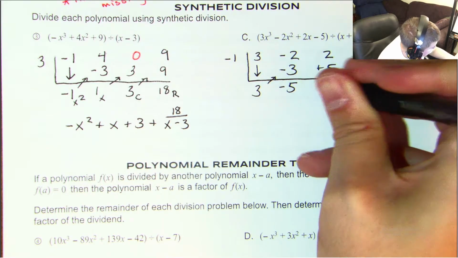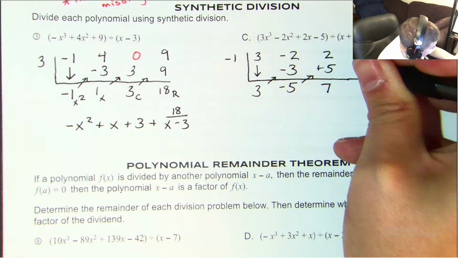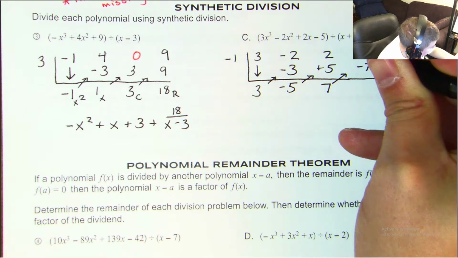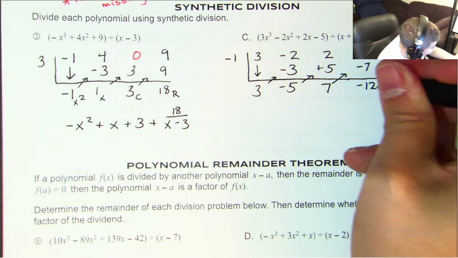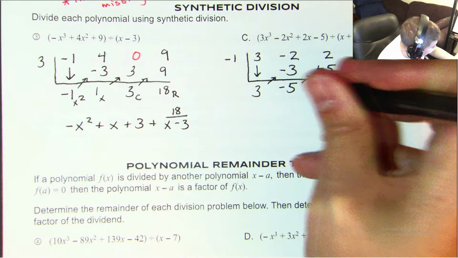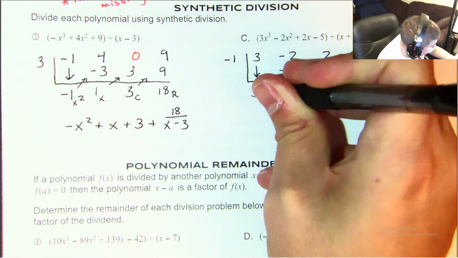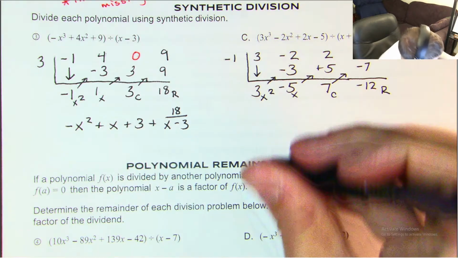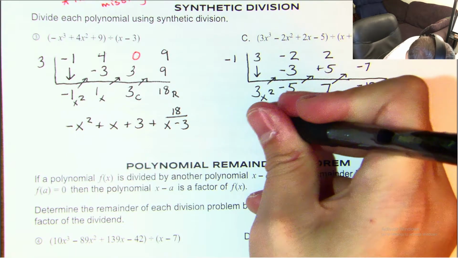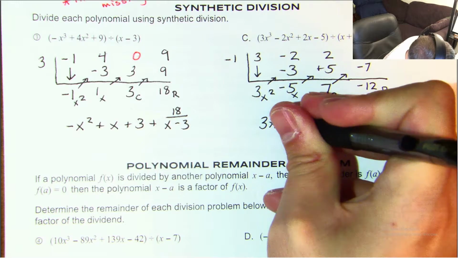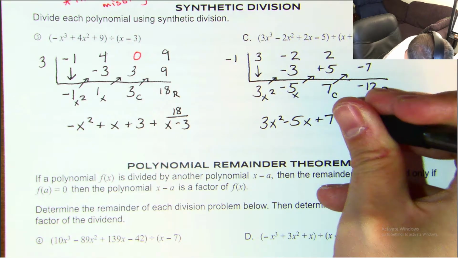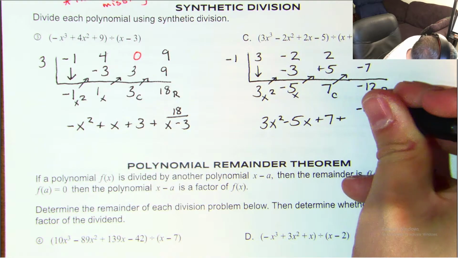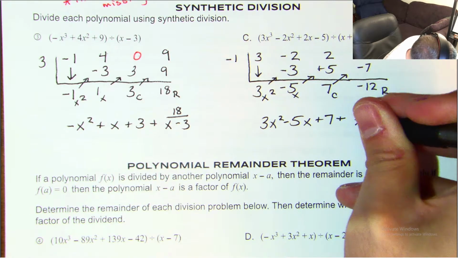Negative 1 times 7 is negative 7. Negative 5 and negative 7 is negative 12. My remainder, my constant, my x squared. So this is going to be 3x squared minus 5x plus 7 plus negative 12 over x plus 1.